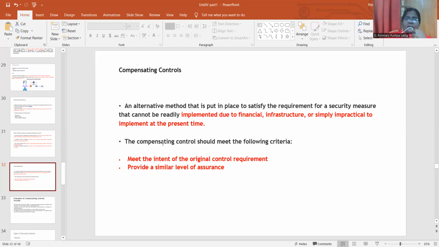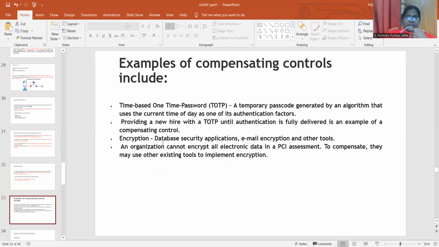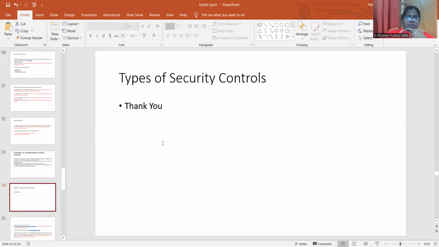So it gives a similar level of assurance. Examples of compensating controls are a time-based one-time password, a one-time password given temporarily, or encryption. So that's all for today's class.